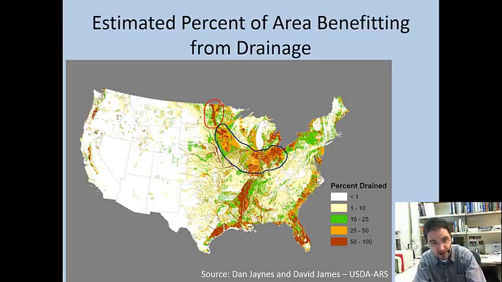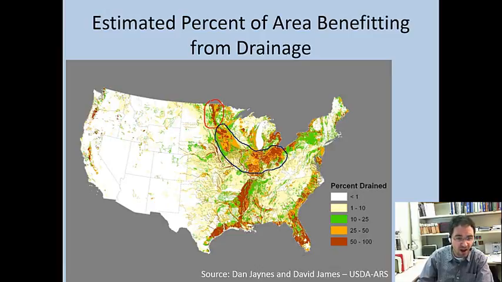But we see areas within Iowa, Illinois, Indiana, Ohio, up into Minnesota, up into North Dakota and upper Minnesota there in the Red River Valley, with greater than 25% of the land benefiting from drainage, in many areas greater than 50% of the land benefiting from subsurface drainage.